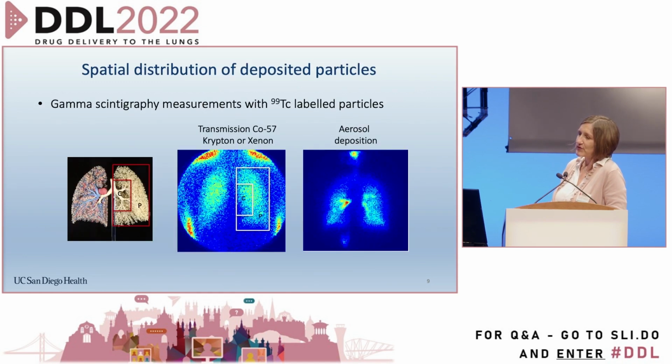This is just the use of radio-labeled particles. You're more familiar with this typical type of pattern where you can see deposition of particles for whatever application you might have. These studies typically also include a ventilation scan or a transmission scan so that you can determine the boundaries of the lung that you're looking at.